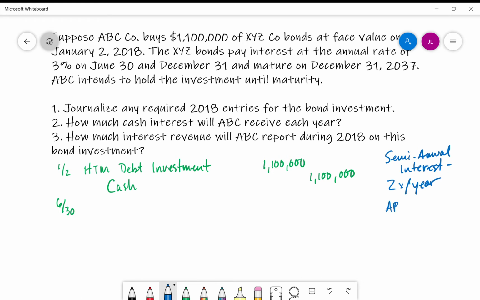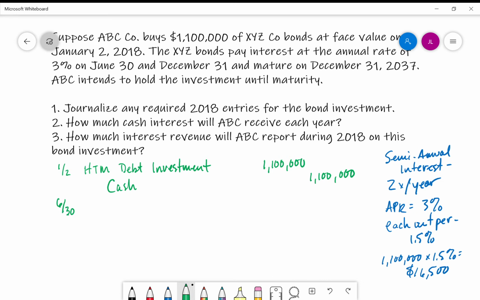So if our APR, or annual percentage rate, is 3%, that means effectively each interest period we will receive 1.5% interest of the face value of the bond. So the bonds are 1,100,000. If we multiply that times 1.5%, that's $16,500. So that's the interest that we'll be receiving each period.